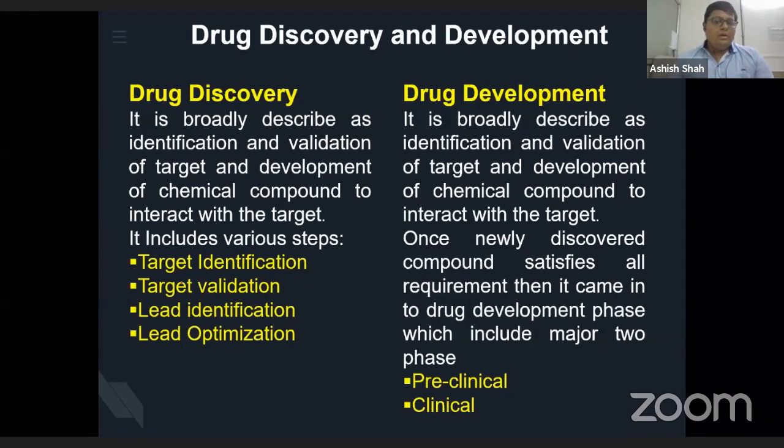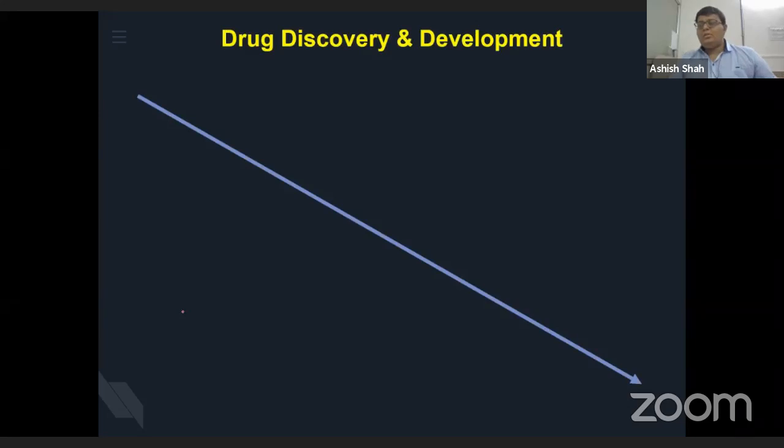Majorly, the in silico methods focus on the first portion of drug discovery, that is target identification, validation, lead identification, and lead optimization. First, what is the procedure? Via this pictorial view you will be able to understand very easily how drug discovery and development starts.